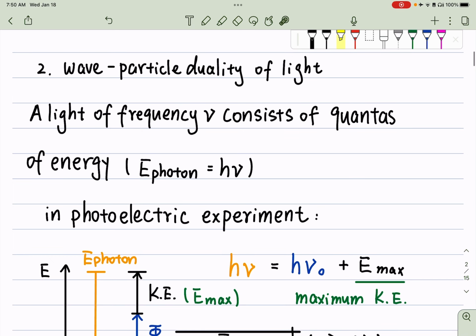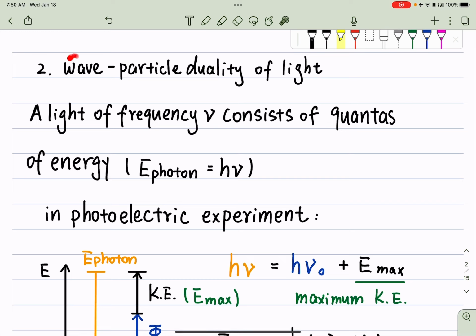Secondly, we talked about the wave-particle duality of light in our Wednesday lecture, lecture 4. This comes from the photoelectric experiment by Einstein, which says that light of frequency mu consists of quanta of energy. When we're talking about light or electromagnetic radiation in general, you should be thinking about two different pictures.